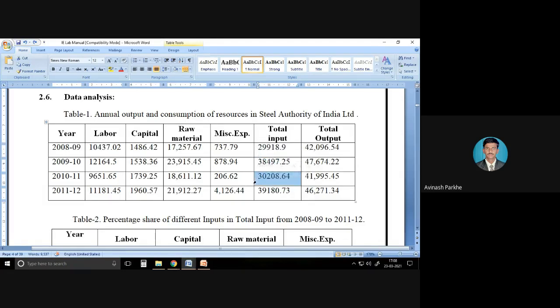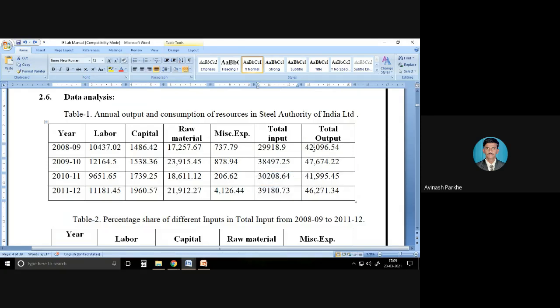In 2010 to 11, it decreases to 30,208. And for the last academic year, 39,180. So for 2009 to 10 input is increased, then for 10 to 11 input is decreased, and then for 11 to 12 again it is increased.